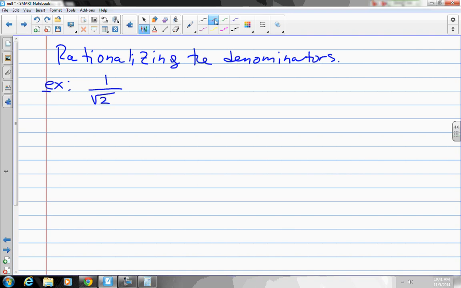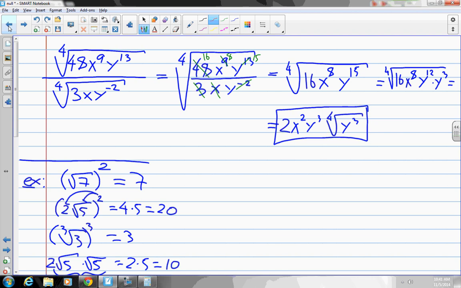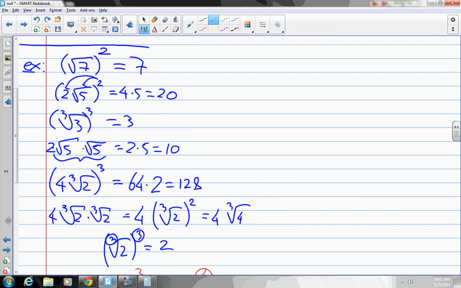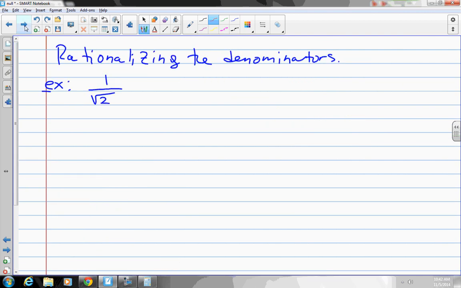Now, from that previous exercise that we did over here, what would make that square root go away? Multiply by square root of 2. The idea is that the root goes away if I have the square root of 2 squared, and the way you obtain that is by multiplying by the square root of 2.